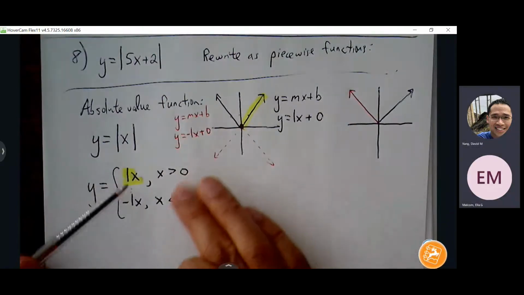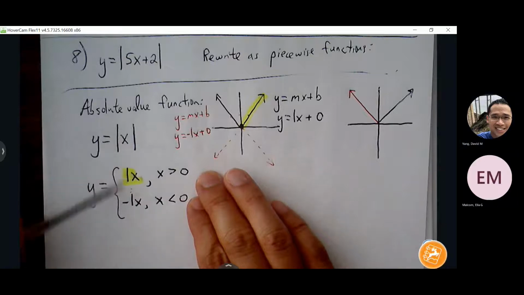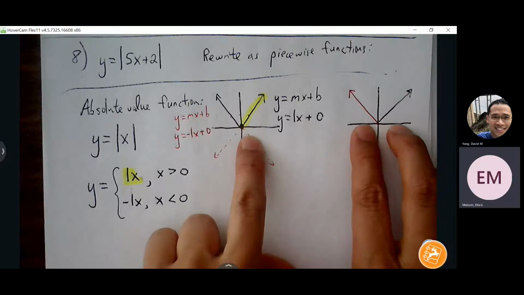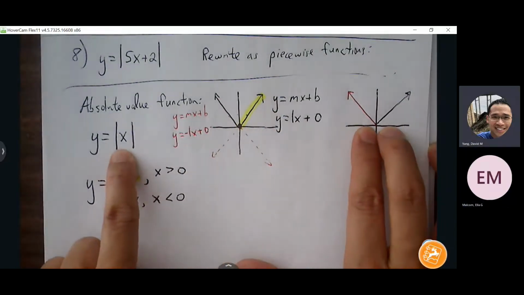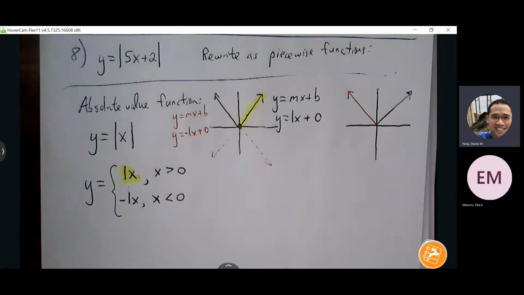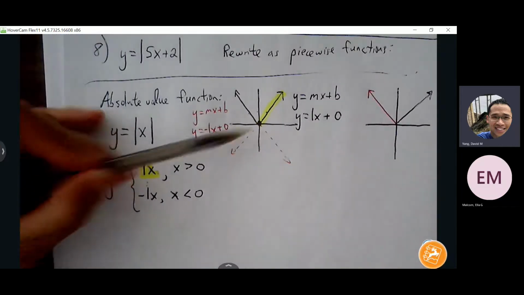So we've created the picture of this absolute value function, but we're using linear graphs to duplicate the picture of this graph. Now, there's one other thing we need to do, which is define this vertex somewhere.